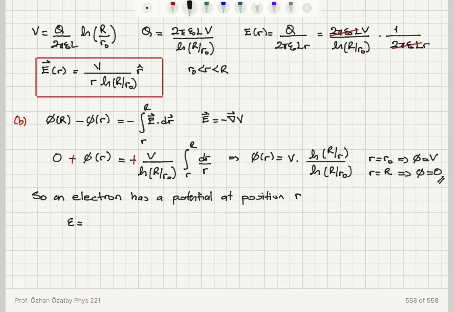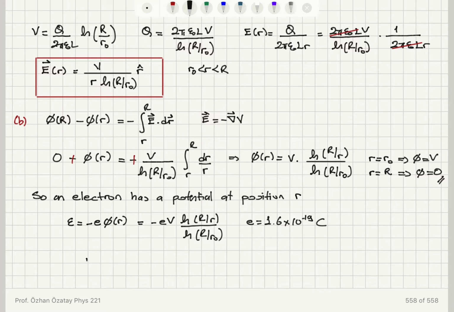So let me put minus e here, minus e times phi as a function of r. So that's the potential energy. So this will be equal to minus eV natural logarithm of capital R over r divided by natural logarithm of capital R over R0. And e is what I'm calling the electron charge, 1.6 times 10 to the minus 19 coulombs. So I've already taken care of the minus sign here.